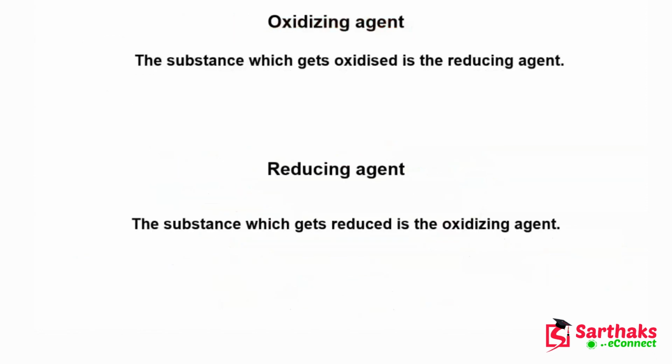Here we will talk about oxidizing and reducing agents. What are oxidizing and reducing agents? It is basically very simple. I will give you an example to understand this. Let's suppose the carbon is reacting with oxygen and the product is carbon dioxide.